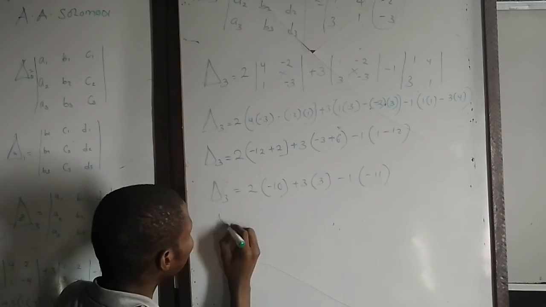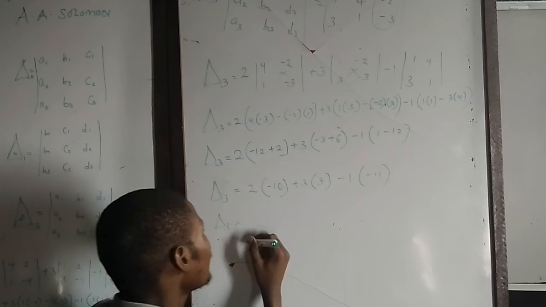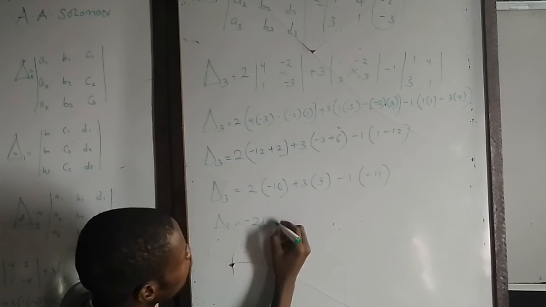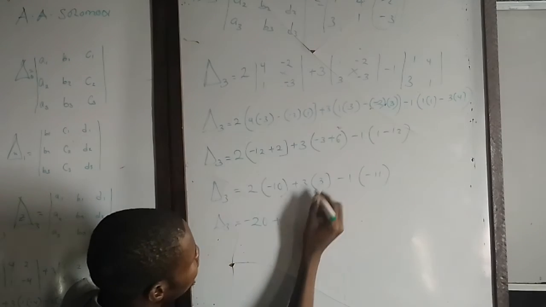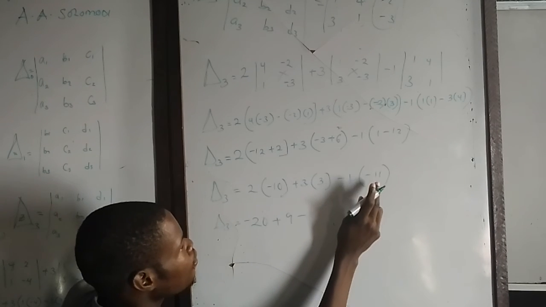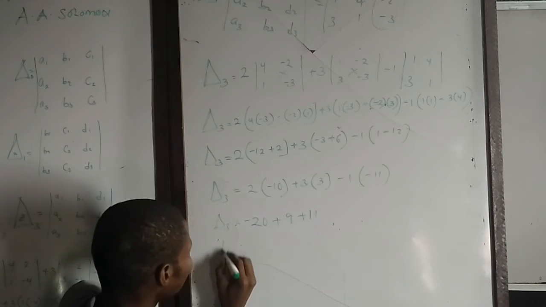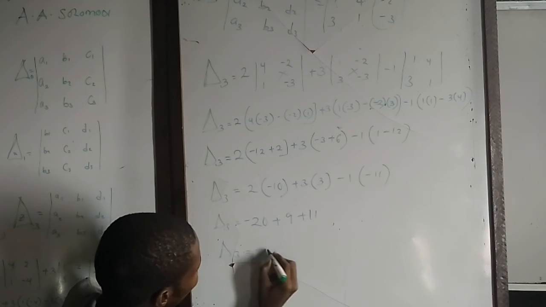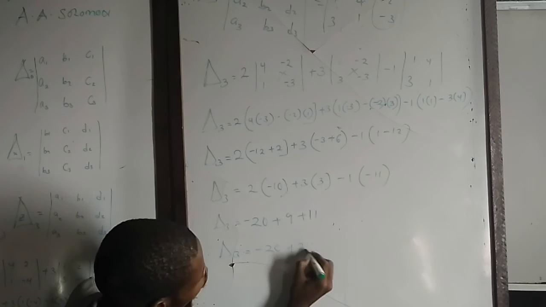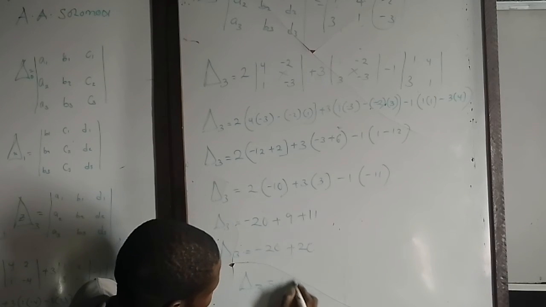So D3 equals to 2 times minus 20 minus 10 will give us minus 20. So plus, so this times this will give us 9. Then minus 1 times minus 11 will give us plus 11. So our D3 equals to what? Minus 20 plus 20. Our D3 equals to 0.